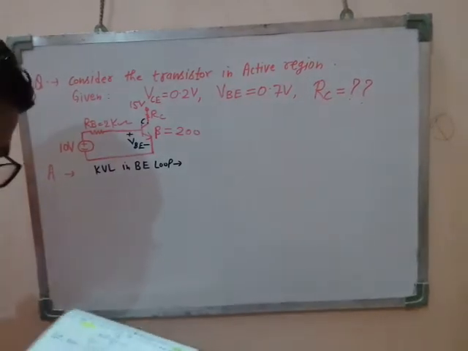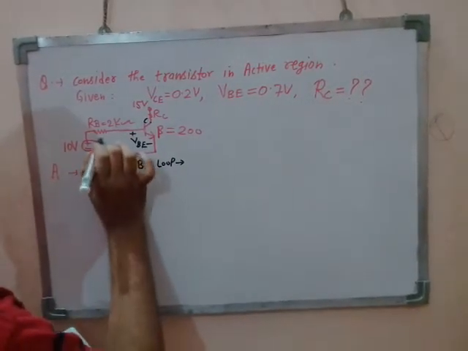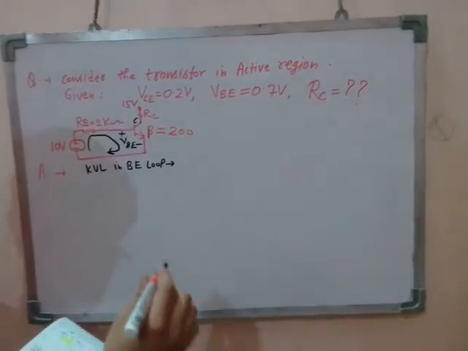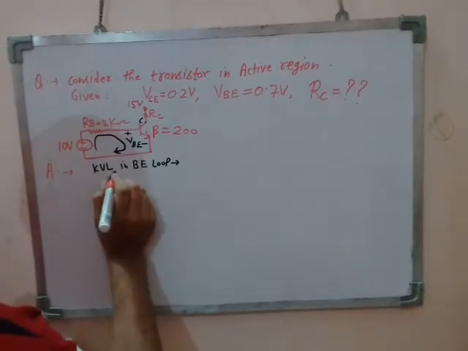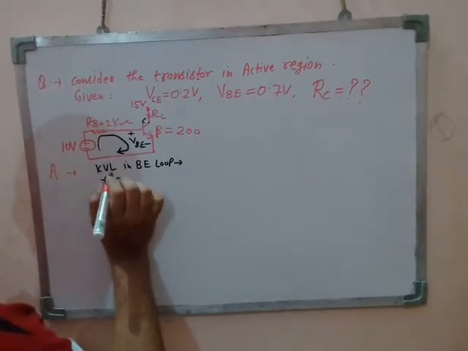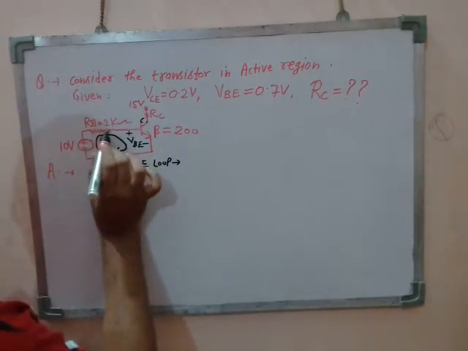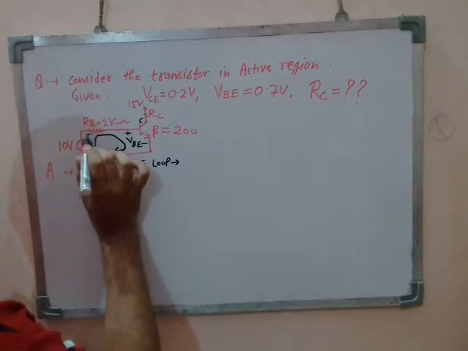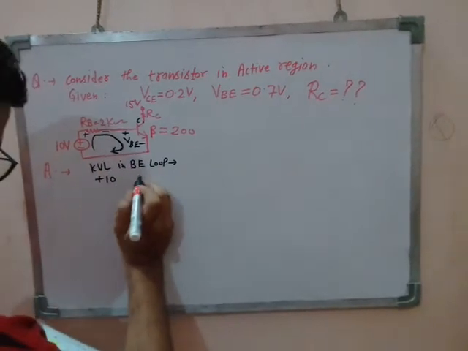So apply KVL in this loop like this. Going from minus to plus 10 volt, so plus 10. Now in the direction of current flow there is a voltage drop, so this is plus and this is minus across this 2 kilo ohm resistance.